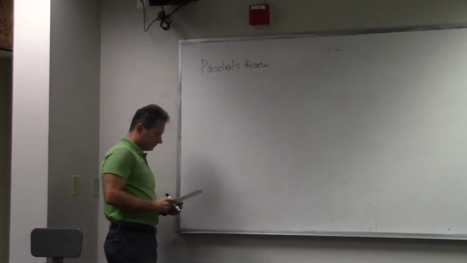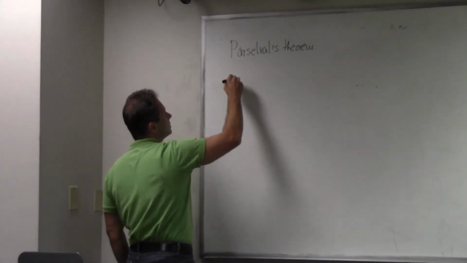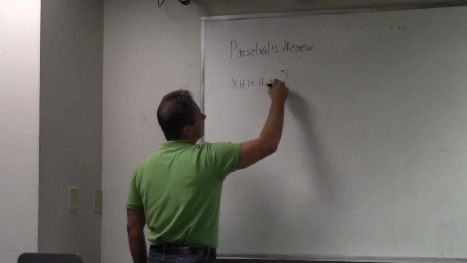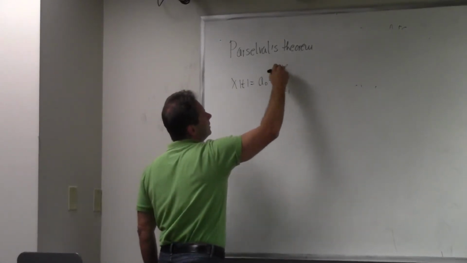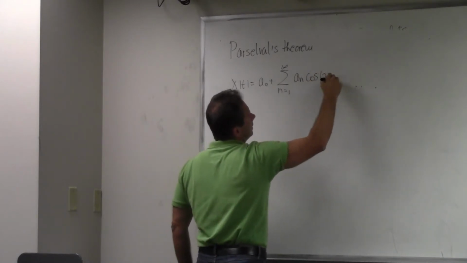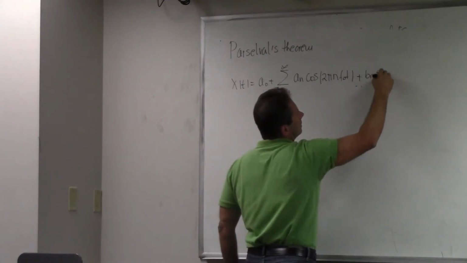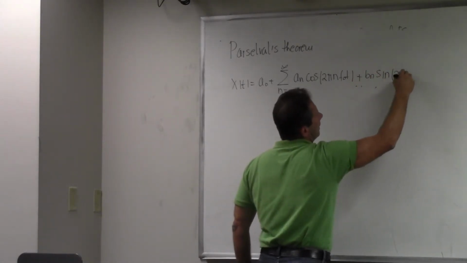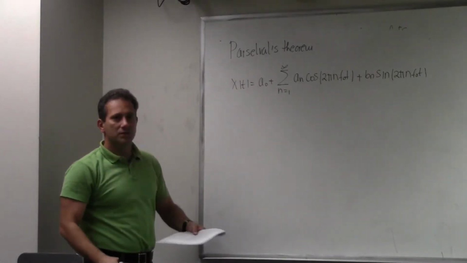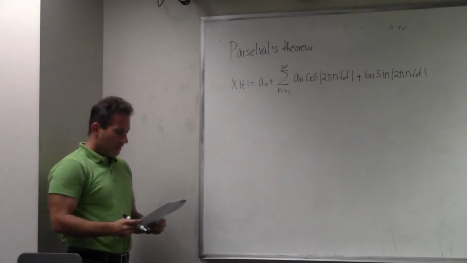So here's the goal here. We have a signal x of t that is given as a0 plus the sum when n goes from 1 to infinity, an cosine 2 pi n f0 t plus bn sine 2 pi n f0 t. So obviously our signal is periodic with a period T0 and all of that stuff.